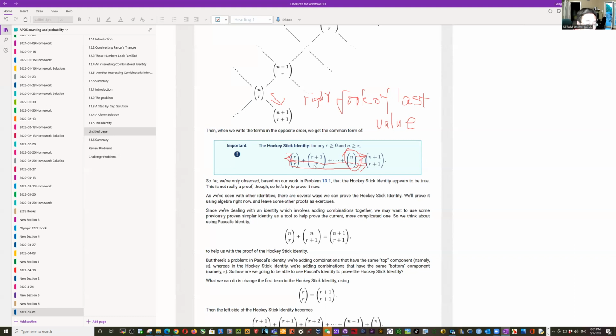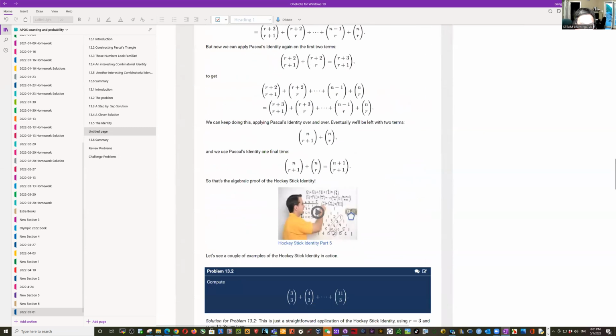So it's very, very simple. If you understand the mechanism of the whole thing, it's very easy to remember. I sincerely don't remember it, I just draw it. I draw it, I understand the sum is the right fork of the last value, so I can identify those problems very easily.